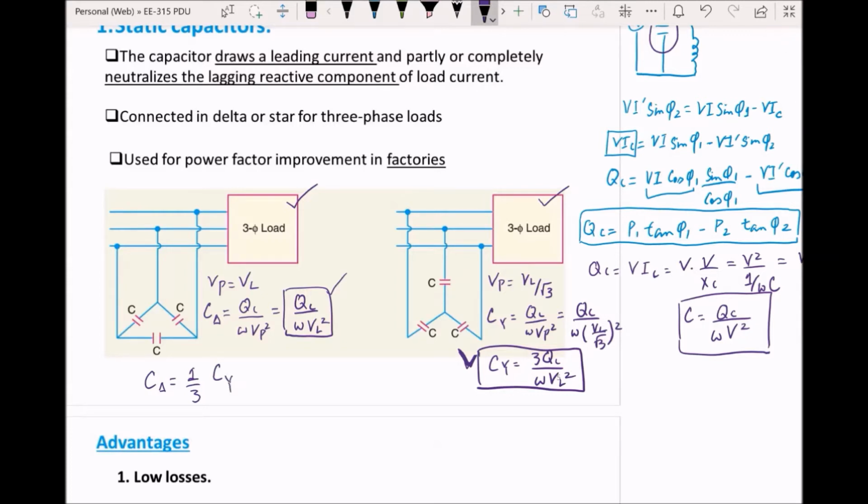At this point, if we want to know which configuration will be preferred in whichever case, we also know that the voltage rating of the delta, V delta, is equal to √3 of Vy.